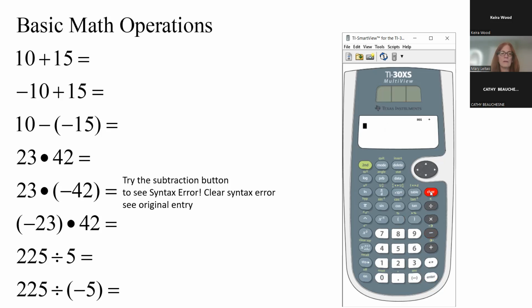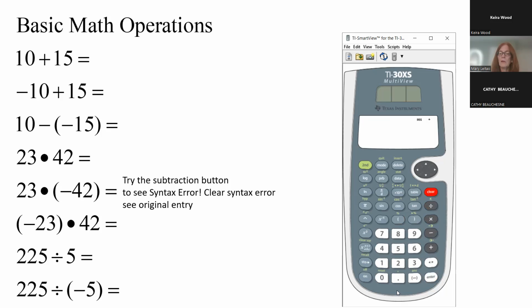I'll clear that. And 23 times, I'll put the parentheses in, negative 42. Close parentheses, enter. Okay. And then the division problems at the bottom, 225 divided by 5, enter, is 45.